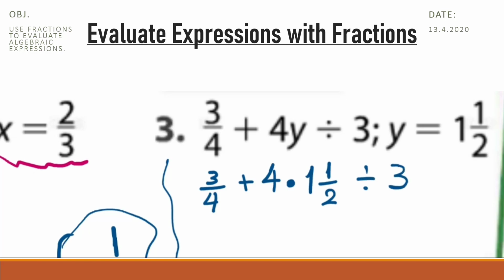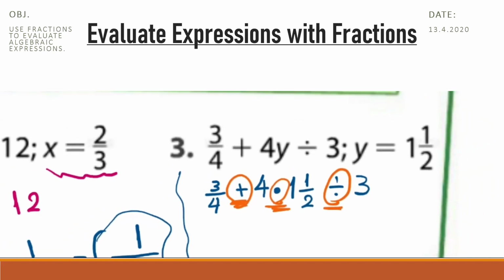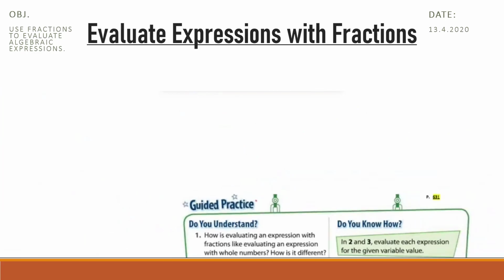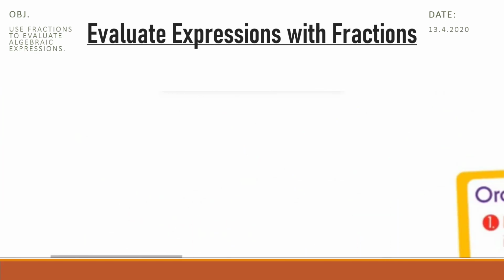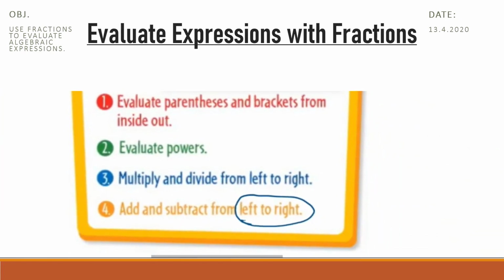divided by 3. Now guys, I have addition, multiplication, and division. So, let's see how to start. Go back to the order of operations. We have here the order of operations.